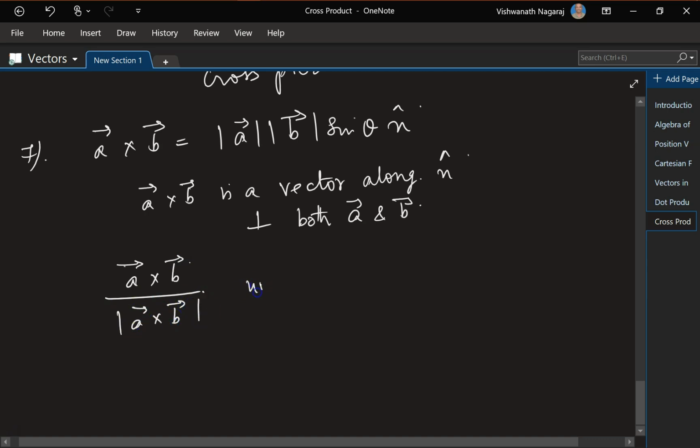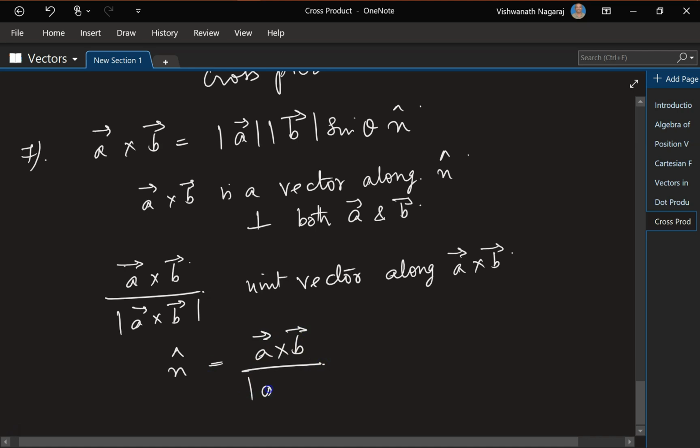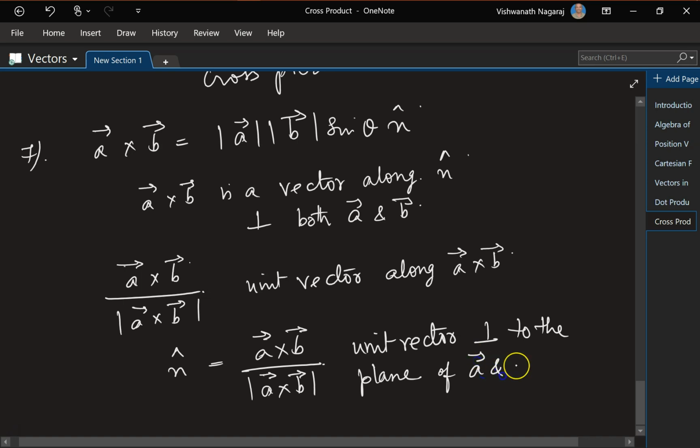Would be a unit vector along A cross B. So, which means n cap is also A cross B divided by magnitude of A cross B, is also a unit vector perpendicular to the plane of A and B.